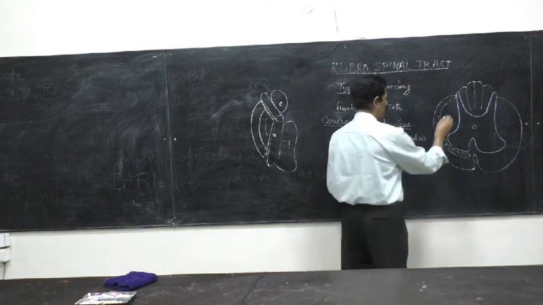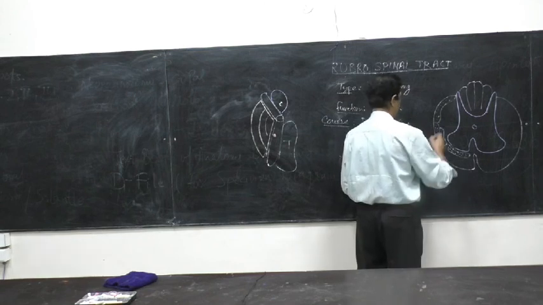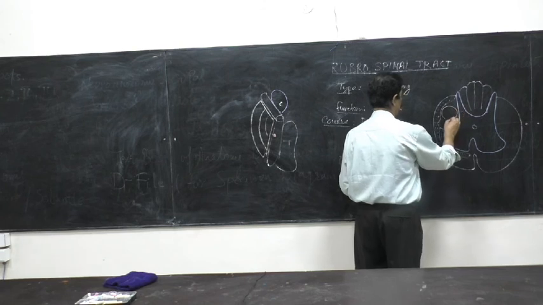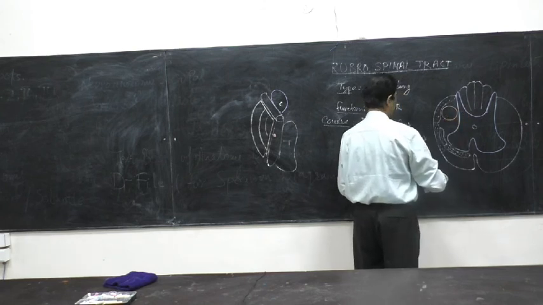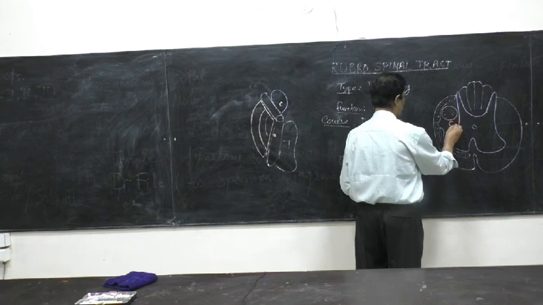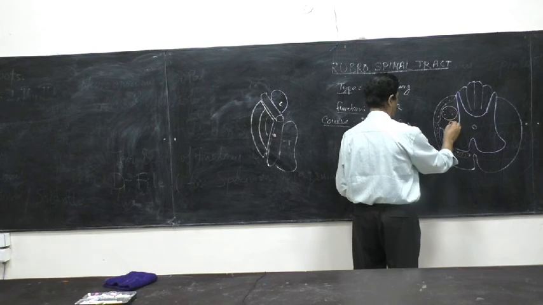Then we have also done this lateral corticospinal tract. So just near here, anterior to the corticospinal, lies the rubrospinal tract.